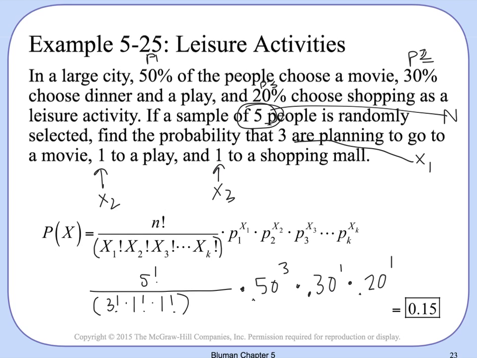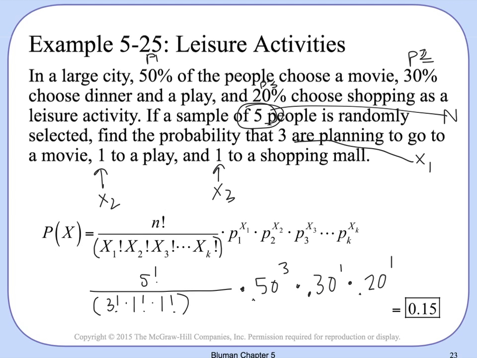If you don't remember where the factorial button is, it's under the math button, and all the way over to probability, it's number 4.